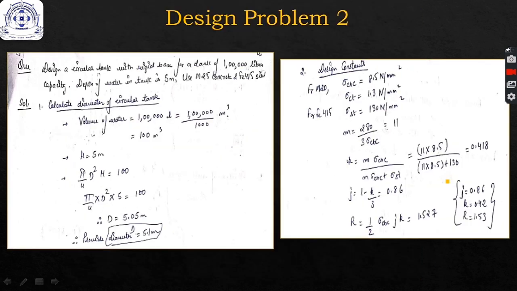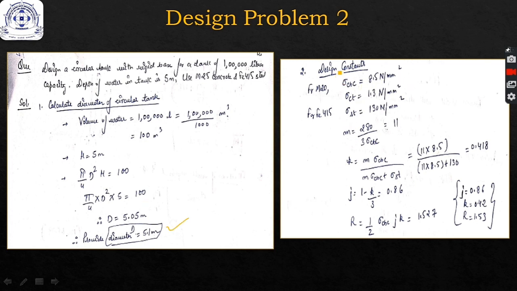Now we will discuss a design problem. Here we have to design a circular tank with rigid base of 1 lakh liter capacity, and depth of the tank is given to be 5 meter. So as done in the previous case, the diameter is not given, so from the volume or capacity of water required we calculate the diameter of the tank, which comes out to be 5.1.